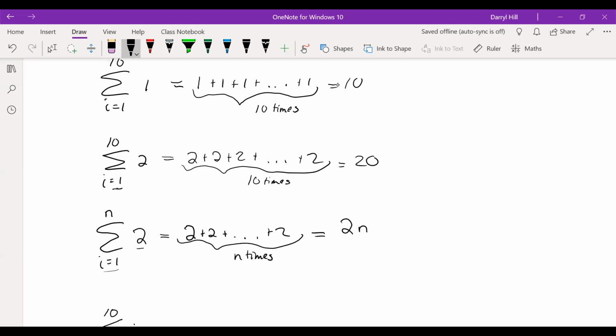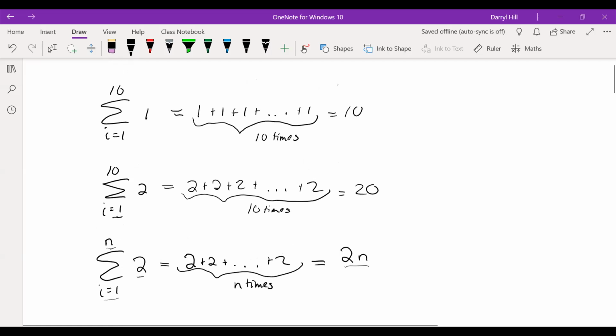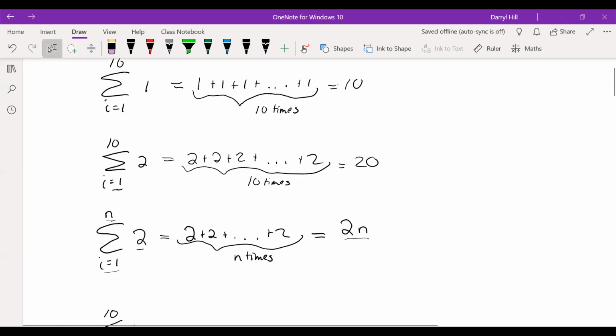When we go from 1 to some upper limit, we're just multiplying that constant times the upper limit. In general, sums expressed from 1 to some value are probably the ones you'll work with most often, because a lot of other summations can be converted into these, and then they're simple to remember and simple to evaluate.